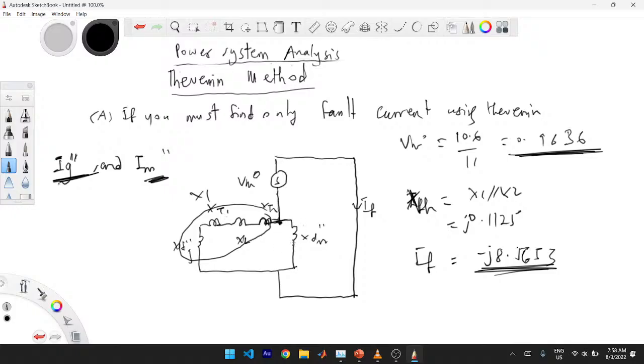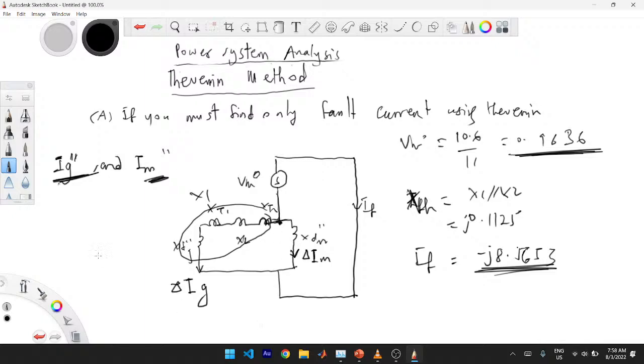Use the current divider rule to find the current coming here. That current is called change in IM. And then the current that will come here, call it change in IG. So we'll get current divider, same. So we know IF, right?